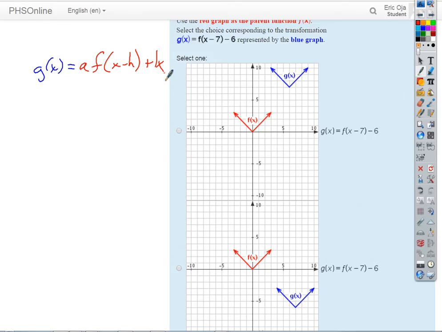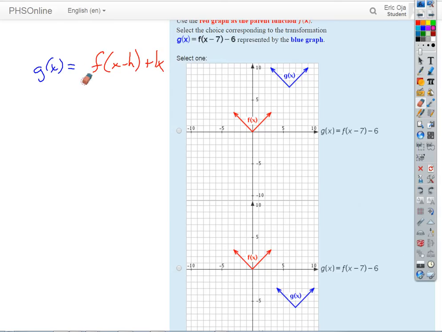I won't put any b's in there. I won't put any horizontal stretches or compressions. So what does a do? Real quick, if I multiply a function by a, what's it do? Right. It stretches or compresses it vertically, right? Do we have an a here? No, we don't even have that one. We can forget about that one for this problem.